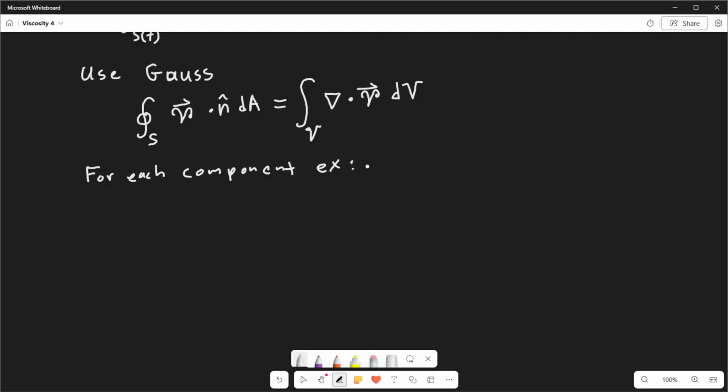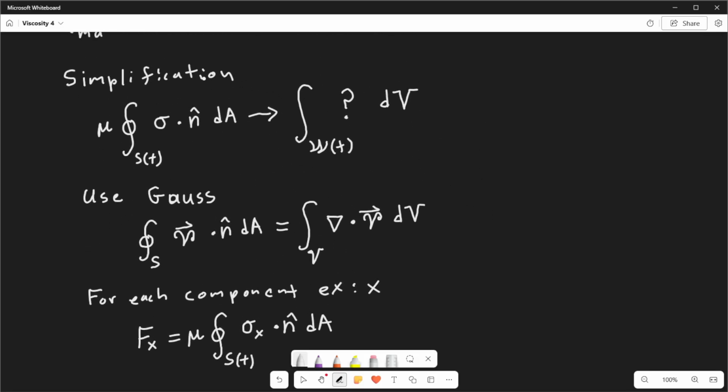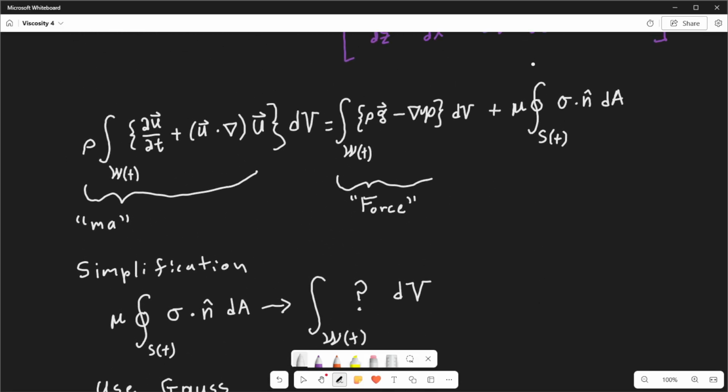So for each component, for example x, Fx equals mu times the integral over the surface of sigma x dot n hat dA. So this is getting broken down into components.